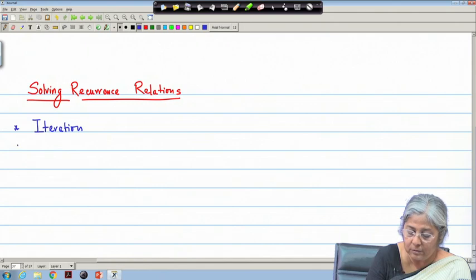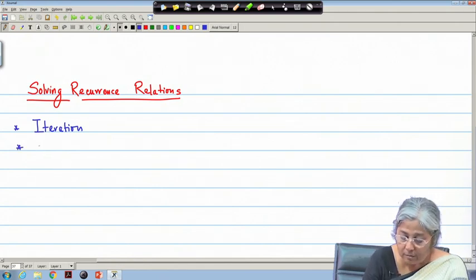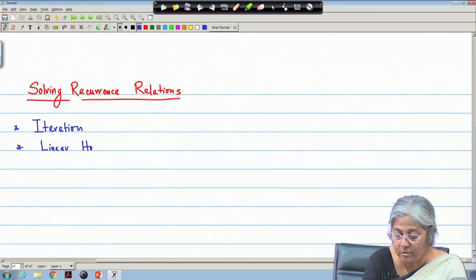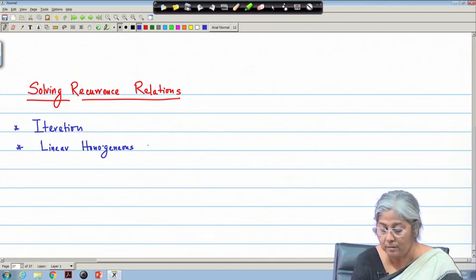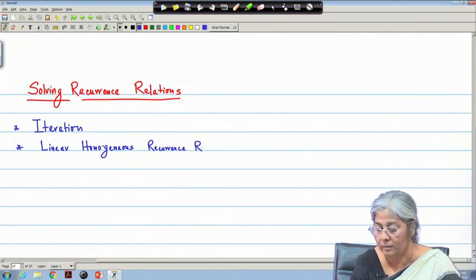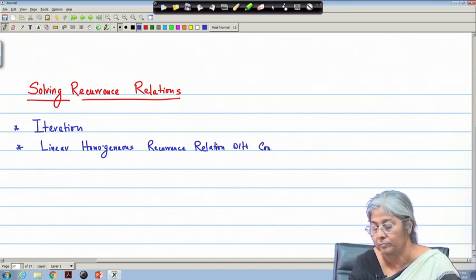Second, we will see how to solve the linear homogeneous recurrence relation with constant coefficients.